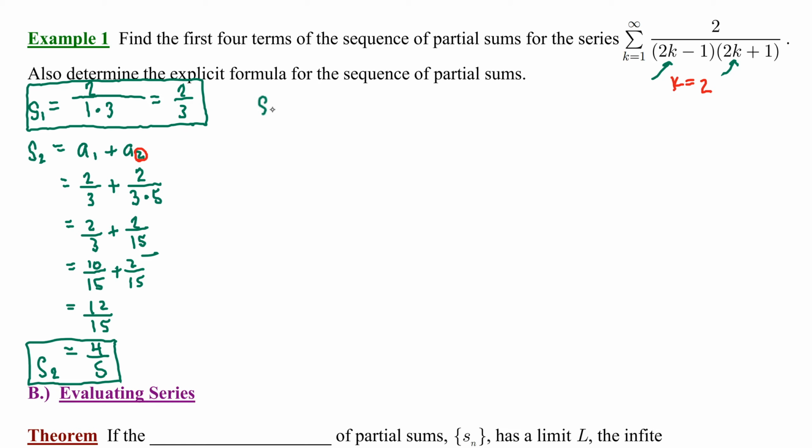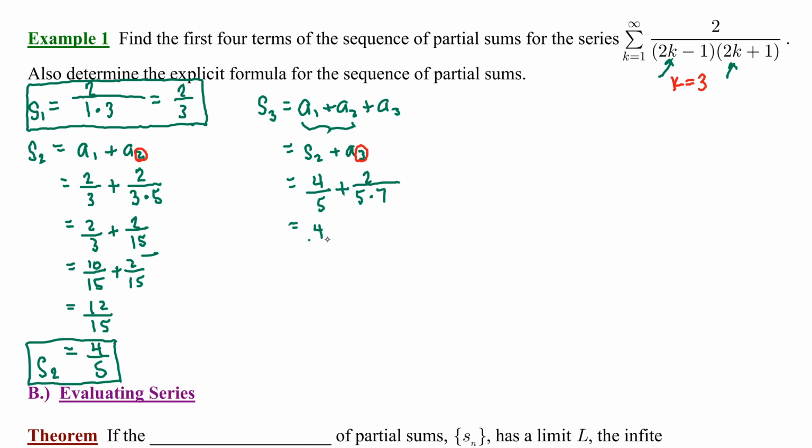Let's look at the third partial sum, which we'll denote as S sub 3. This means I'm going to add the first 3 terms of the sequence. Now, don't forget, we've already added the first 2. That's what we discovered as the second partial sum. So we're going to add what we have to this point plus the third term of the sequence, which we're going to generate from our formula using k equals 3. Plugging 3 into our formula, we have 2 in the numerator. 2 times 3 minus 1 is 5, and 2 times 3 plus 1 is 7.